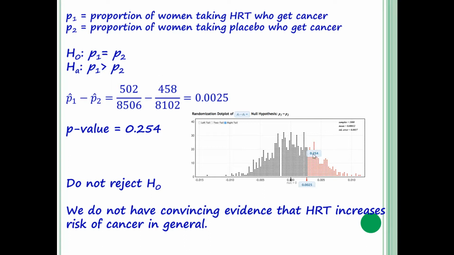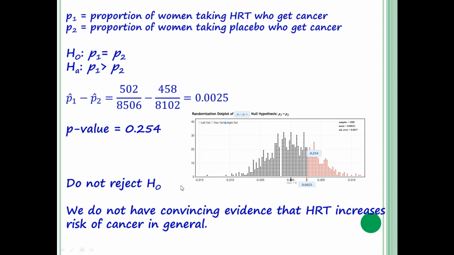In this case, the p-value is larger than alpha, so we don't reject the null. And step 5, the last one, you need to write a conclusion in terms of the alternative. So in this case, we will say we don't have convincing evidence that the hormone therapy increases the risk of cancer in general, because we did not reject the null.